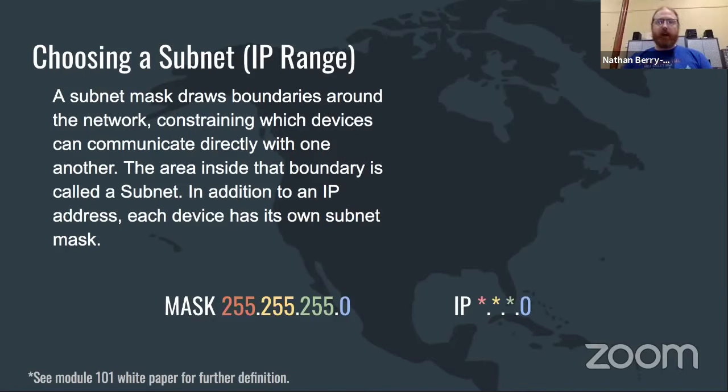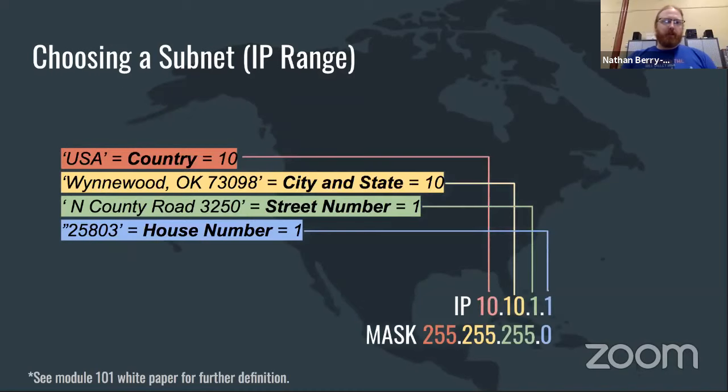Meaning, if I get traffic, I'm assuming that it's coming from the same city, same state, same street. It's just coming from a different house on the same street. So you can see here that's corresponding with our subnet mask.